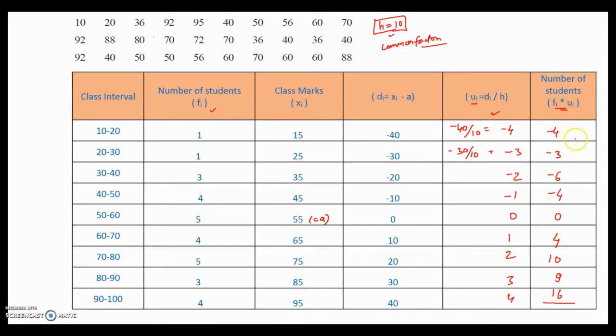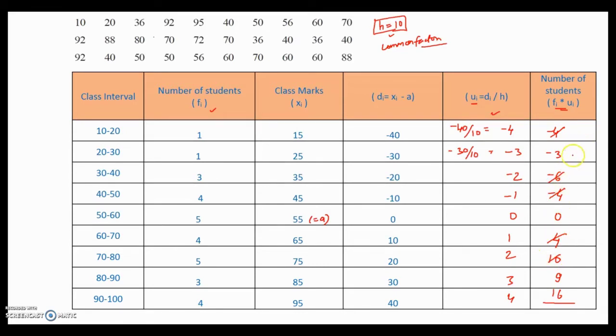So what you do is you quickly do the summation here. You see minus 4 here and 4 here, so you cancel them off. You don't have to cancel this in the notebook. I'm just showing you so that it becomes easier for you to calculate. You see 10 here and minus 10 here, so you cancel these numbers.